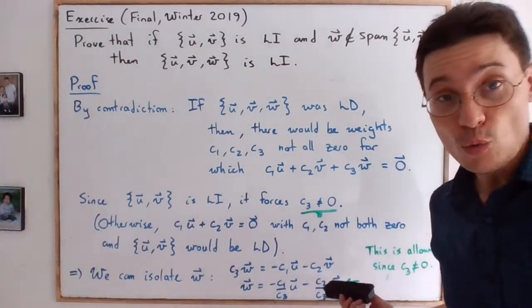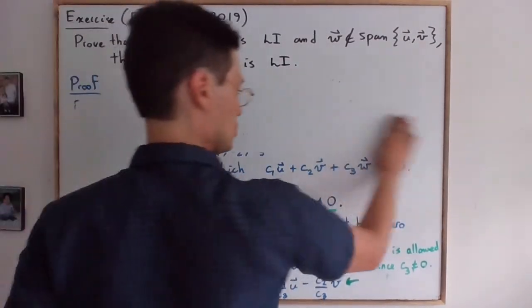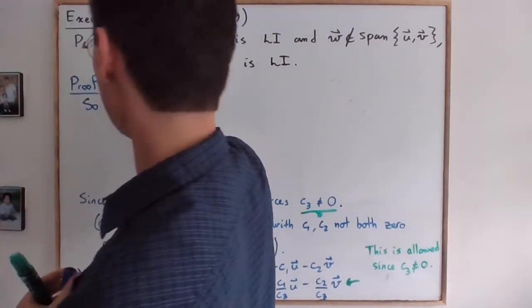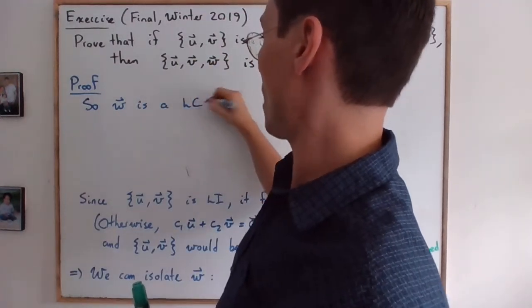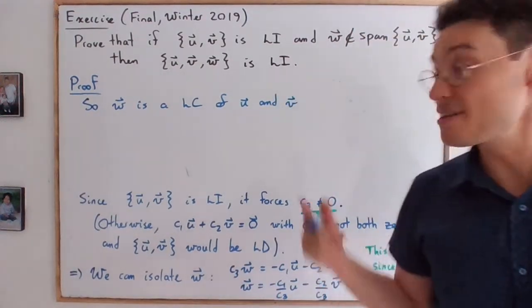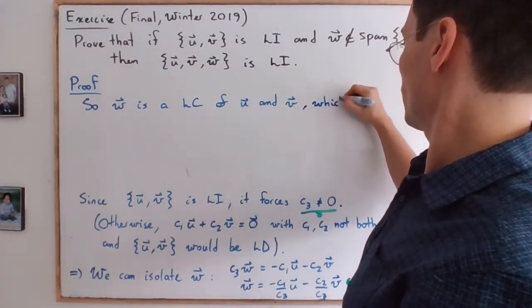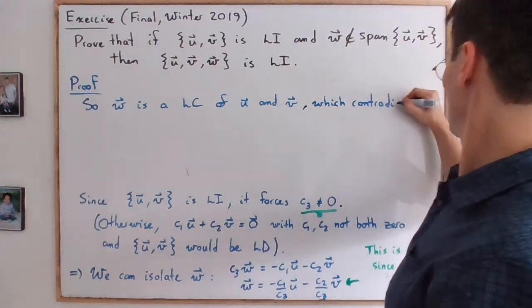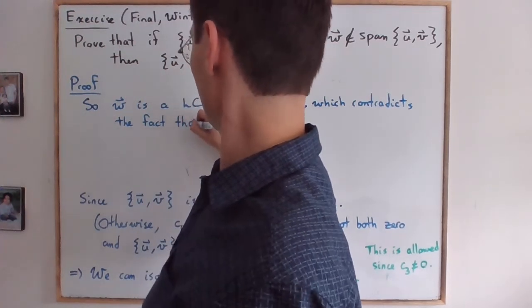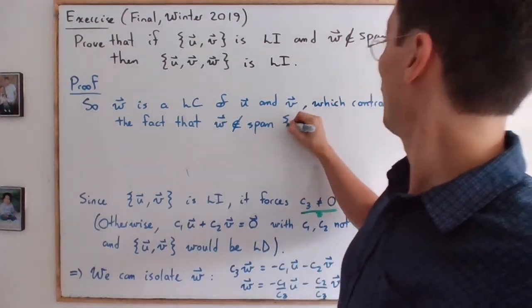As a result, we proved that W is a linear combination of U and V. And this contradicts the fact that W is not in the span of U, V.